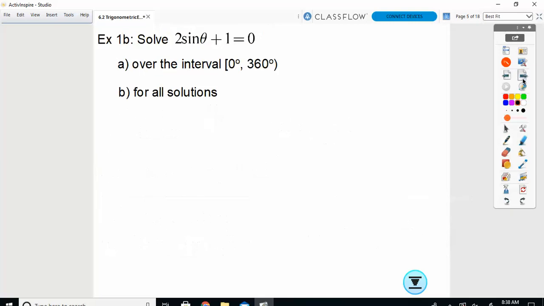Let's try another one. So what would I do here? 2 sine theta plus 1 equals 0.